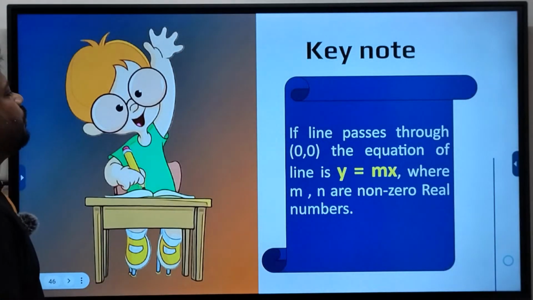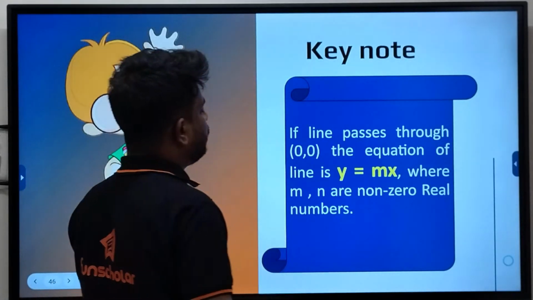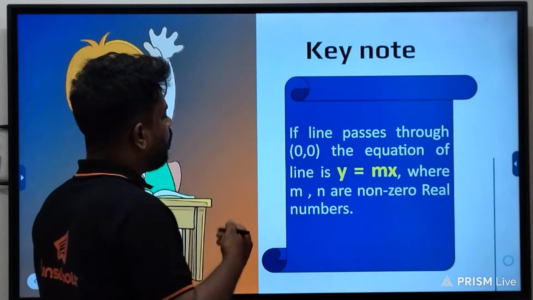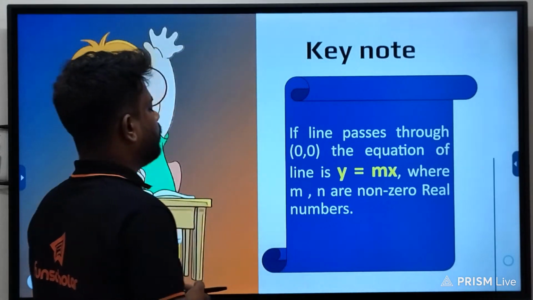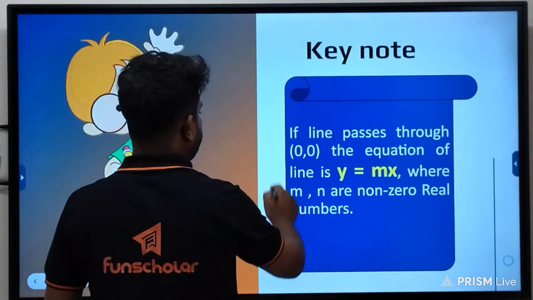So the key note from this: if a line passes through 0, 0, the equation is y equals mx, where m and n are non-zero real numbers. Okay, so this is the key point from here.